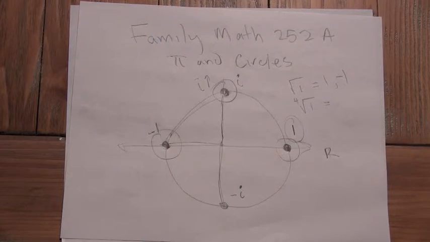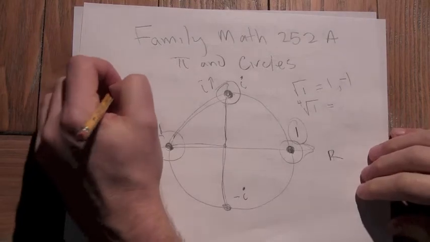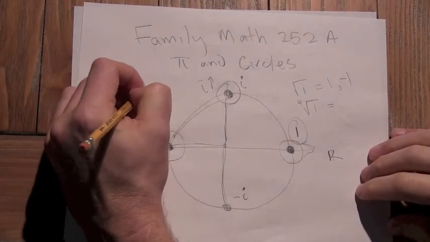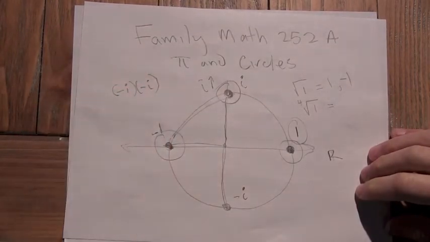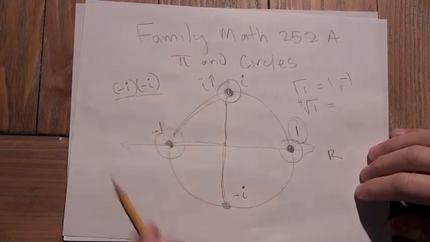What do you think about minus I? Well, minus I is the negative square root of -1. Right. So what is minus I times minus I? Well, what do you get when you do minus I times minus I? You get I squared.